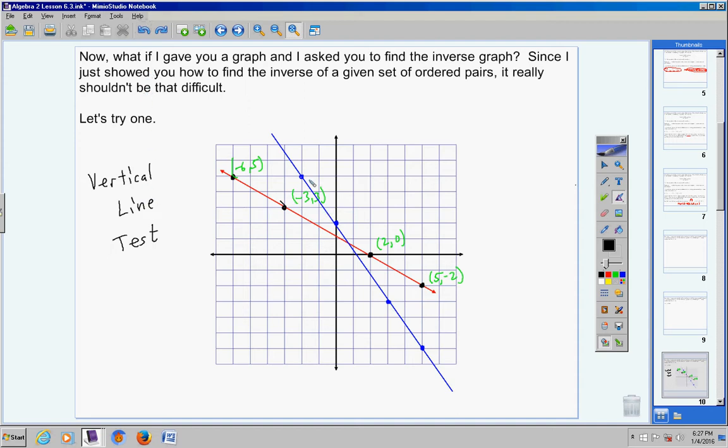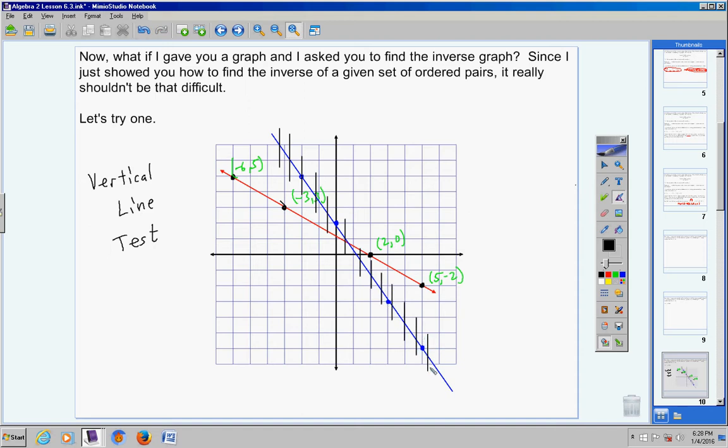Now, does the blue graph represent a function? Well, sure it does. I don't care where you draw your vertical lines. I don't care if you draw a million of them. Any vertical line that you draw on the blue graph will cross the blue graph in only one place, right? Think about it.